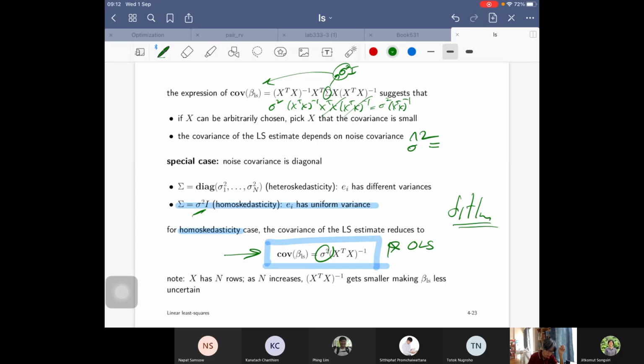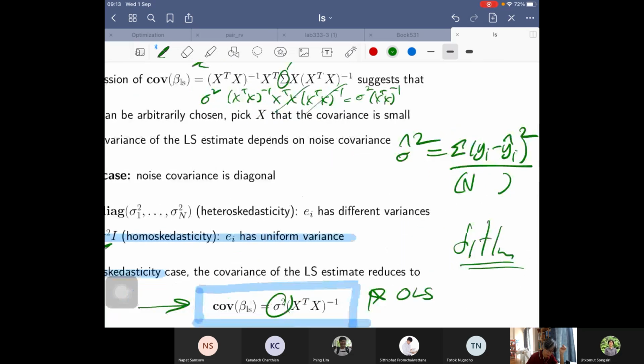The way you estimate it is to take the summation of yi minus yi hat, take the square, and then normalize it by the number of observations minus the number of predictors.